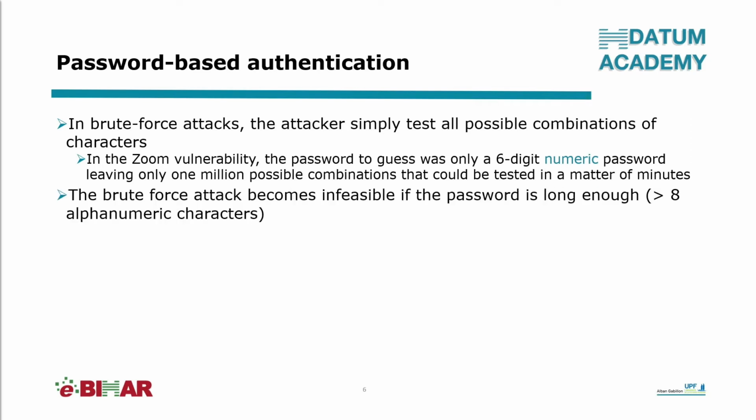It is considered that the brute force attack becomes infeasible if the password is long enough, at least 8 characters, and consists of alphanumeric characters, that is, not only numeric digits as in the Zoom password. This of course has consequences for the user, since memorizing a password becomes more complicated.